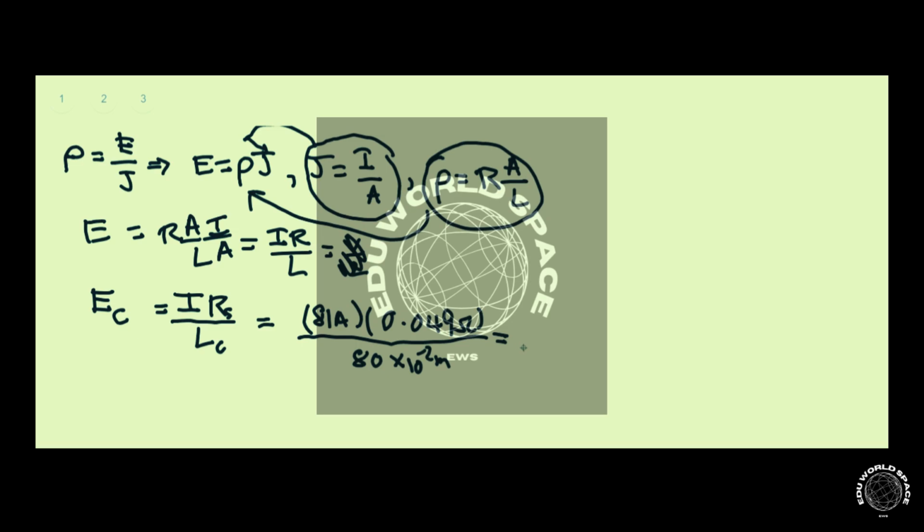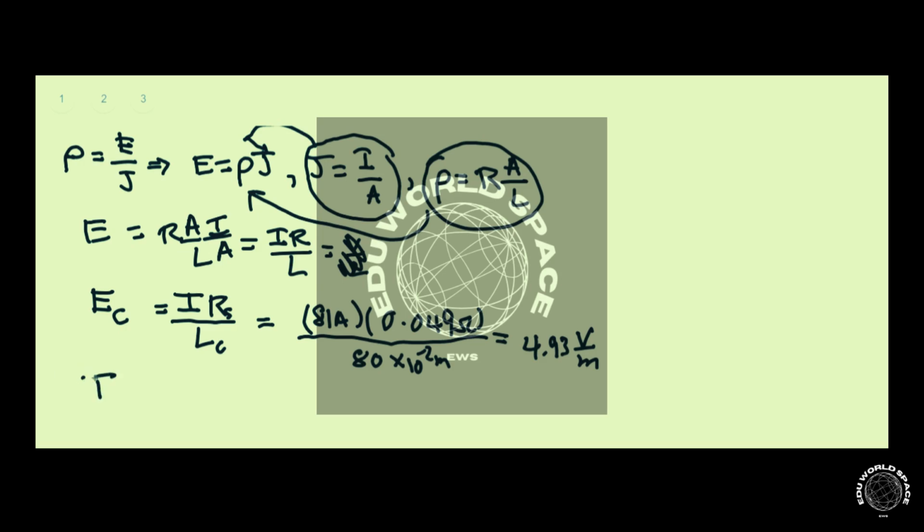So this gives me 4.93 volts per meter. And I'd urge you to double check all the numbers. The formula here is correct, but just in case I've made a mistake in plugging in the numbers, it's good for you to double check for yourself.